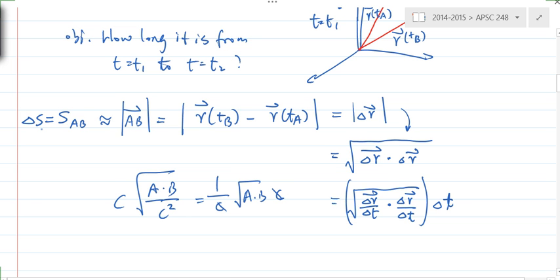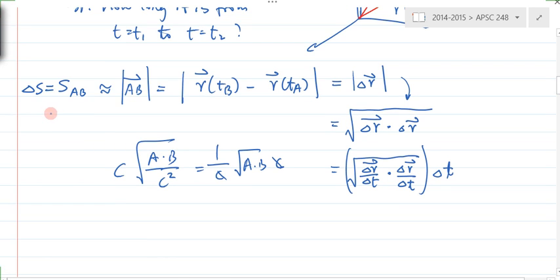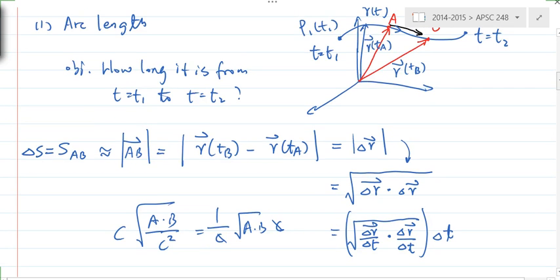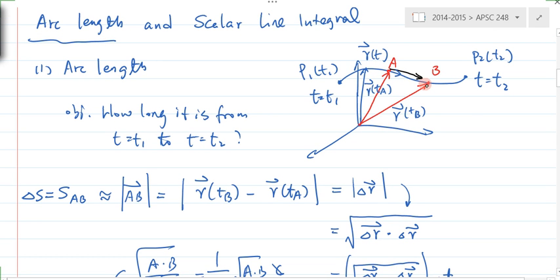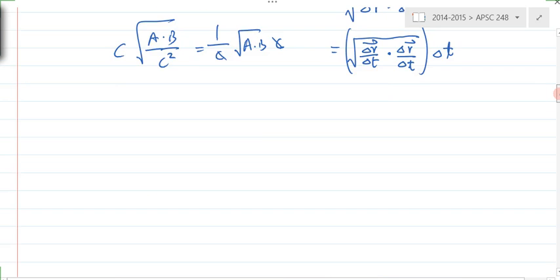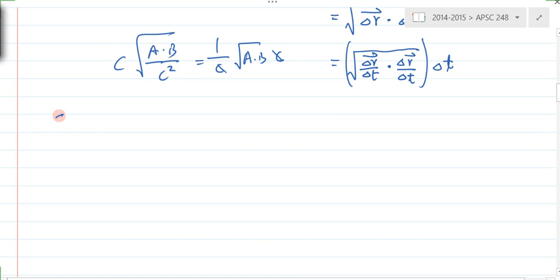So now let's look at this together. This is delta s, equal to this. Why do I put a delta sign here? Because imagine that tB is very, very close to tA. In the limit concept, the delta changes to d, an infinitesimally small quantity.